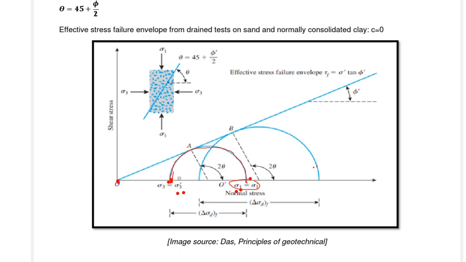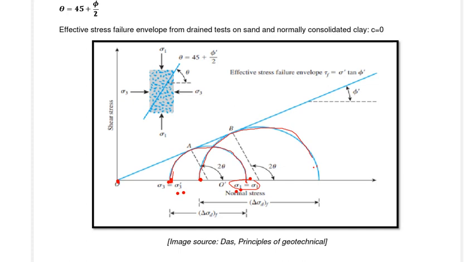So, if we test another specimen but consolidated to a higher confining stress, we have a higher value of sigma 3 compared to our first specimen. The soil will now gain strength during the consolidation process, and when sheared, it will have a larger Mohr circle at failure, as shown here.